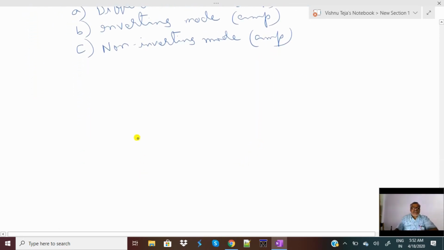So in differential mode, the circuit will be like this. We have two input terminals for the operational amplifier, inverting input and non-inverting input. We apply two signals.